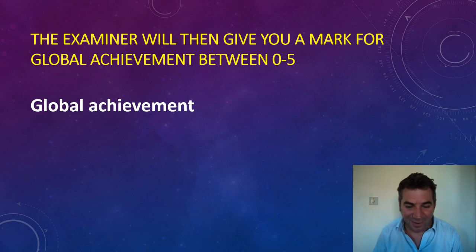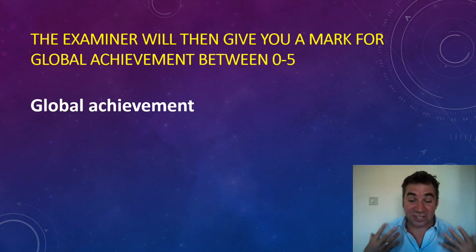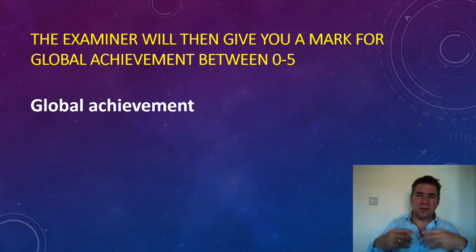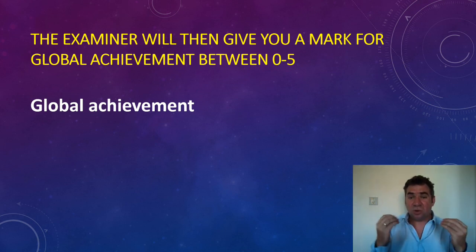Then the examiner will give you a mark for global achievement, once again between 0 and 5. What is global achievement, I hear you say? This is generally how well you've performed in the test as a whole. Maybe things like enthusiasm, speaking with your hands, your gestures, all these kinds of things. So he'll give you a global mark, again out of 5.